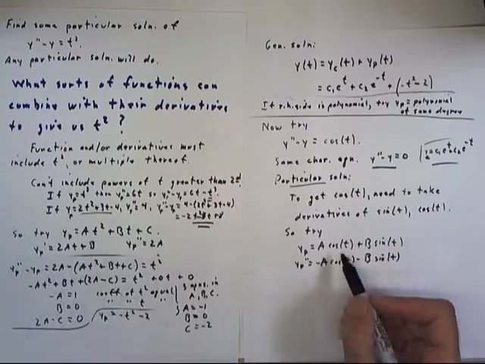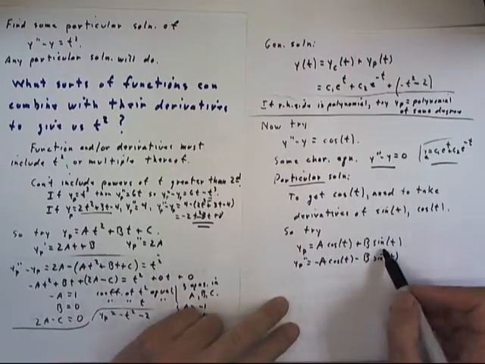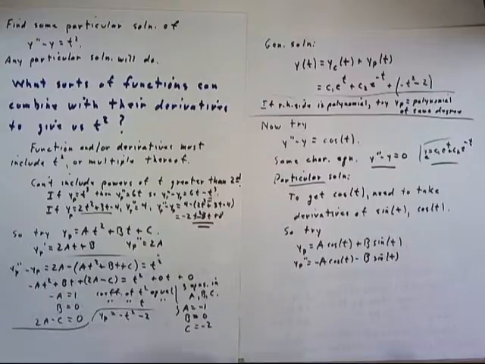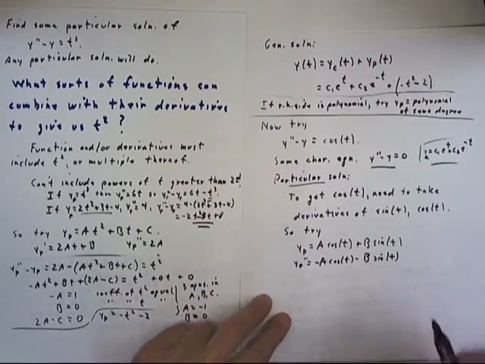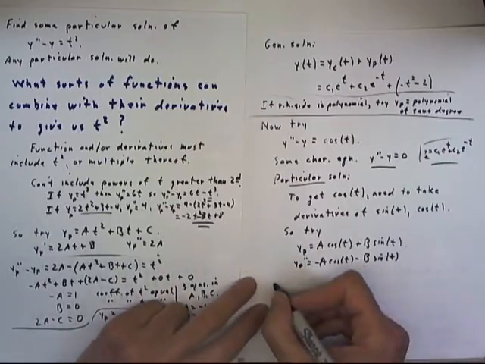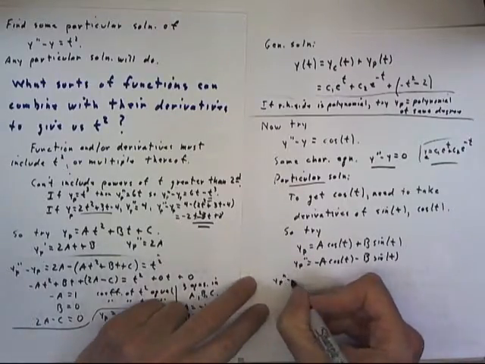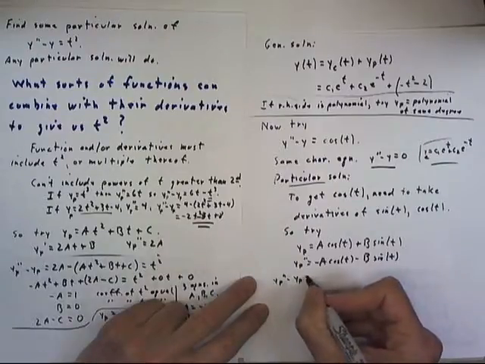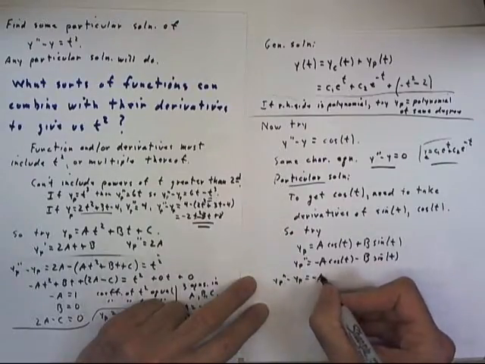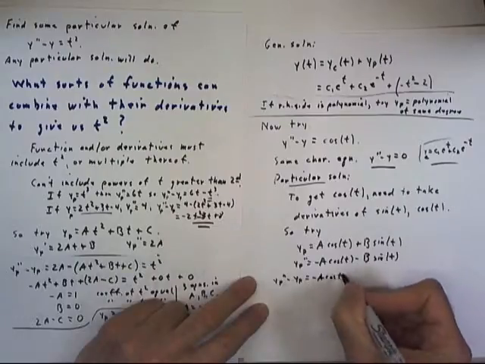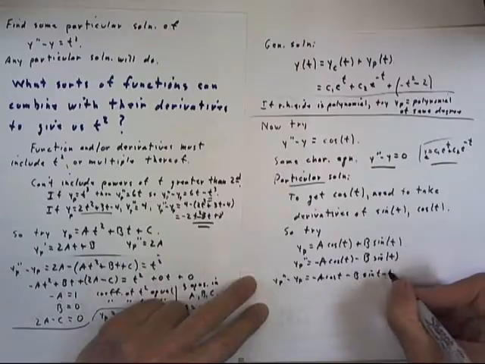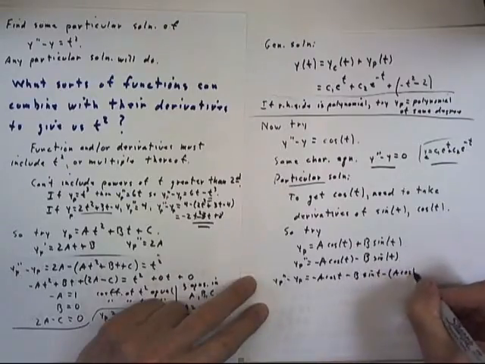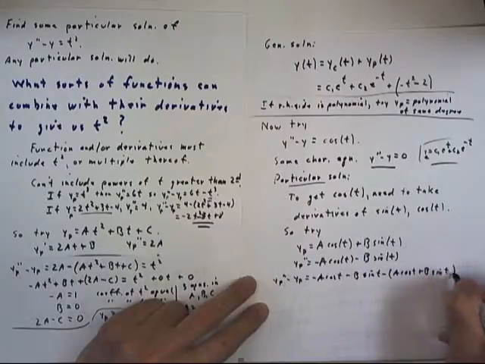So we're going to try a particular solution of the form a cosine t plus b sine t. And we can easily verify that the second derivative is going to be negative a cosine t minus b sine t. And that's going to give us the equation yp double prime minus yp equals negative a cosine t minus b sine t minus the quantity a cosine t plus b sine t.